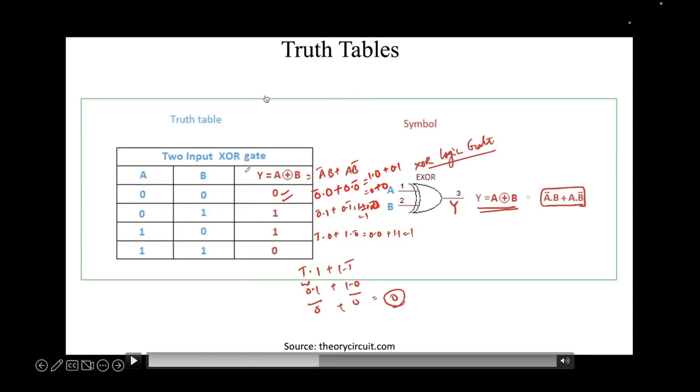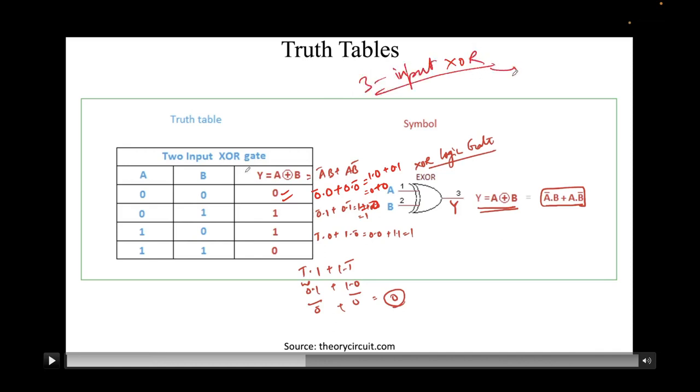We noted that when only one of the inputs in a 2 input XOR gate is 1, then only the output is 1. What happens when there is a 3 input XOR gate? Again the output is 1 only when one input is 1.